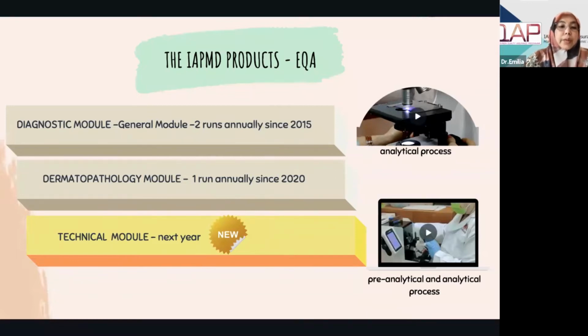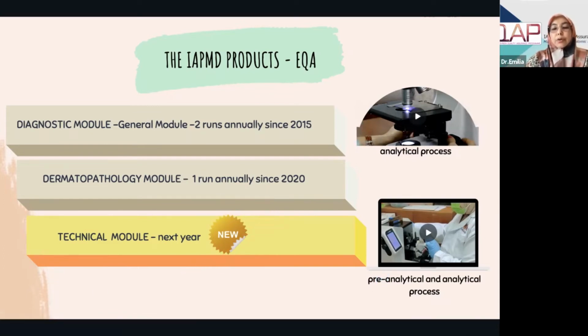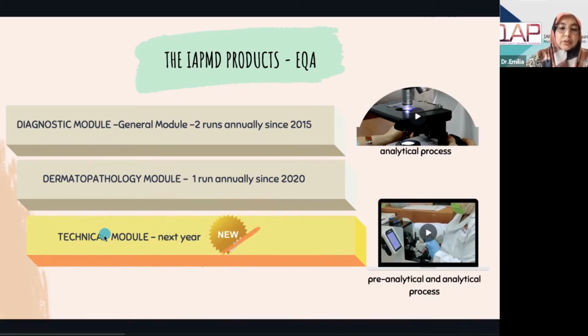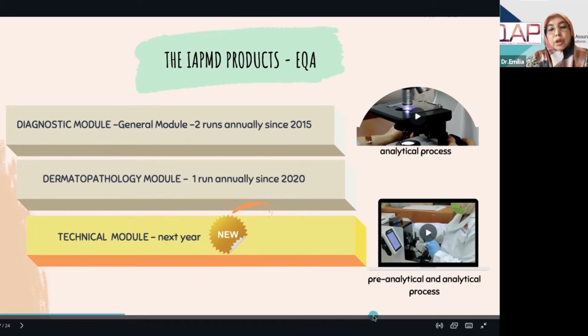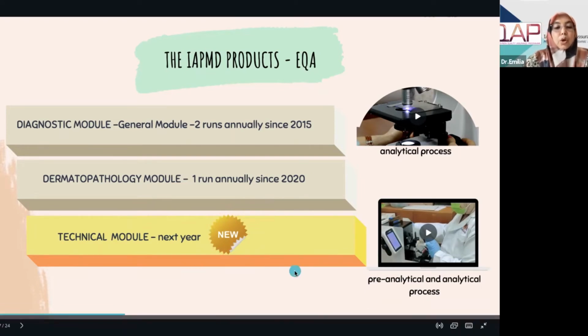These two modules assess the analytical process, but we still don't have the technical module, which focuses more on the pre-analytical process. And of course, when this is efficient and good, we could produce a very good analytical process, which can produce a good, accurate interpretation later.